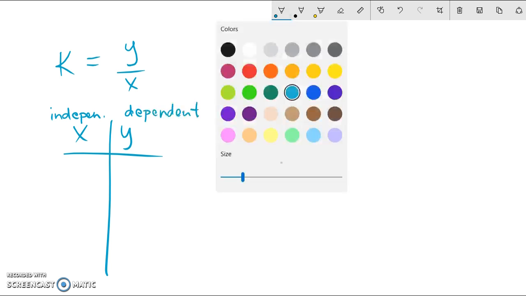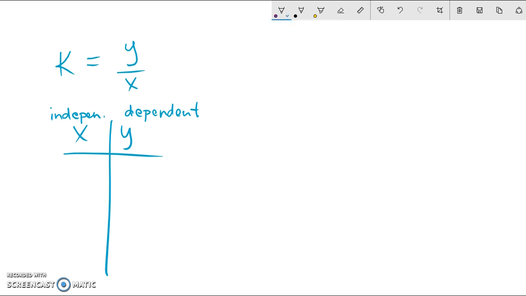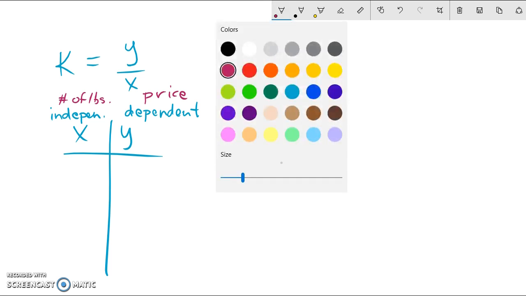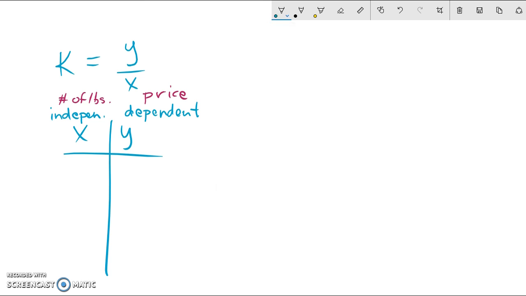So for me, that meant that my number of pounds, remember I'm buying spare ribs, that would be my independent variable. The price is the dependent variable. And that's because the price that I'm paying for the spare ribs depends on how much I buy. So that price changes depending on the number of pounds I buy. So that's why we would say that price is my dependent variable.